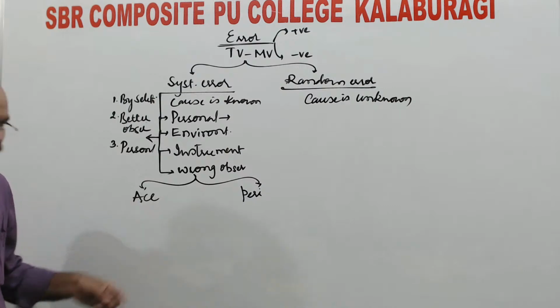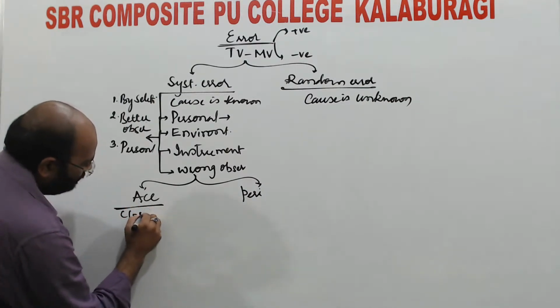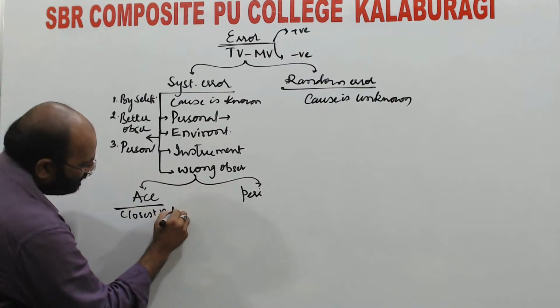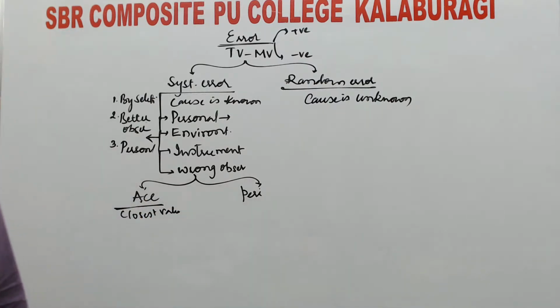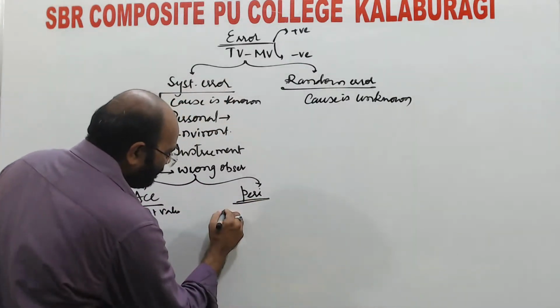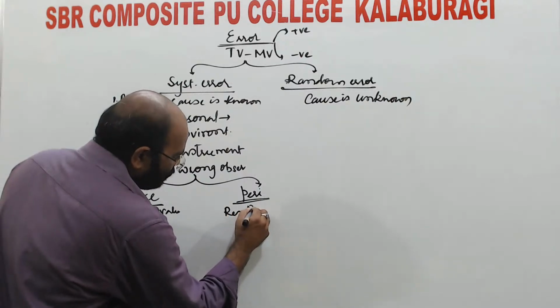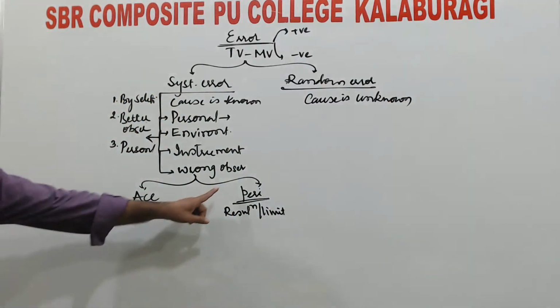The closest measurement value is called accuracy. And what is precision? Precision is referred to as the resolution or limit to which the quantity can be measured.